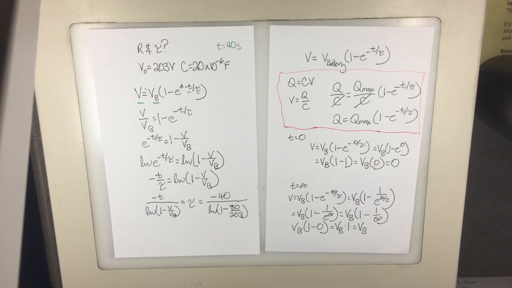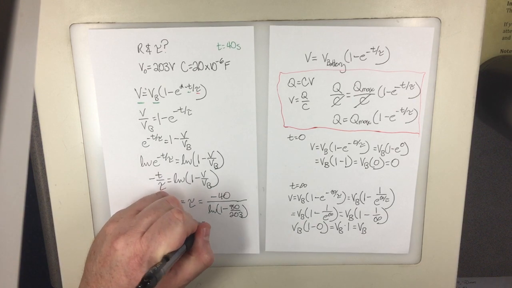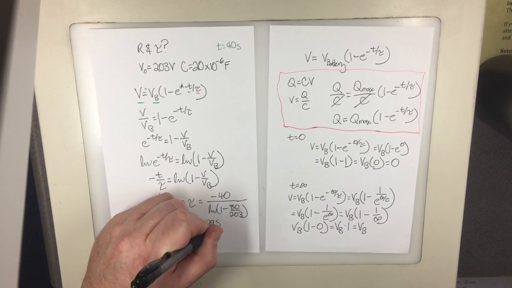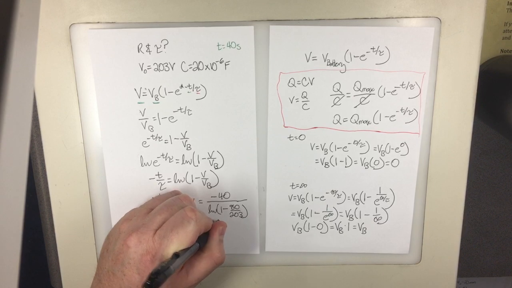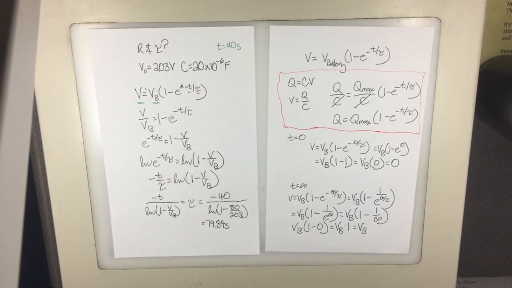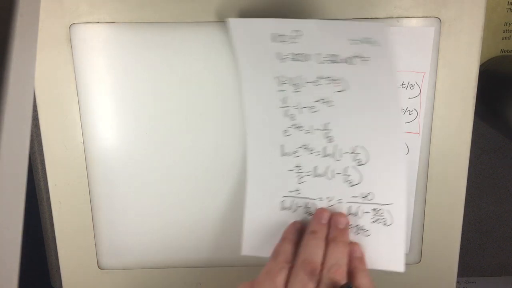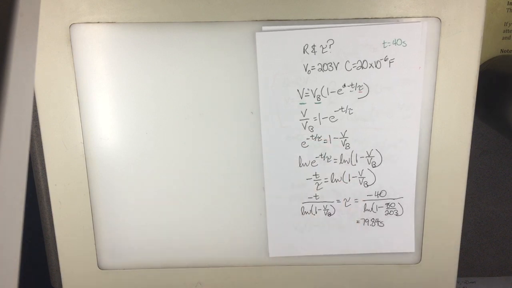You can see the natural log of that number is negative 0.501. So negative 40 divided by that answer gives us 79.84 seconds. I was gunning for 80 seconds, but I couldn't get it just quite right. That's the time constant, tau.